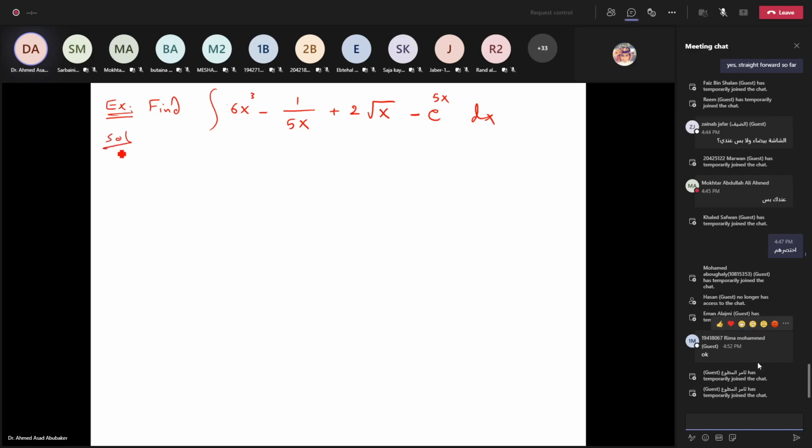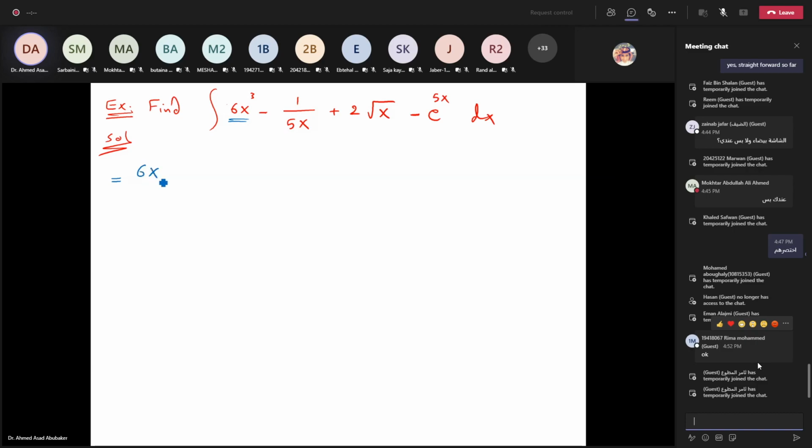The solution: this is equal to the integral of 6x to the power 3.